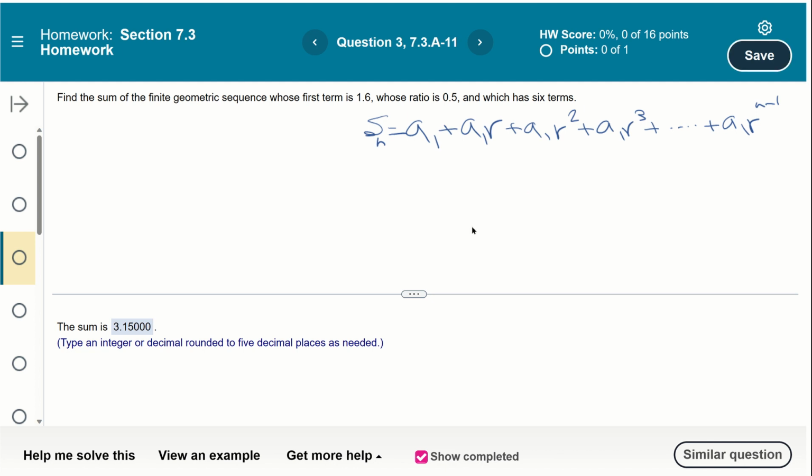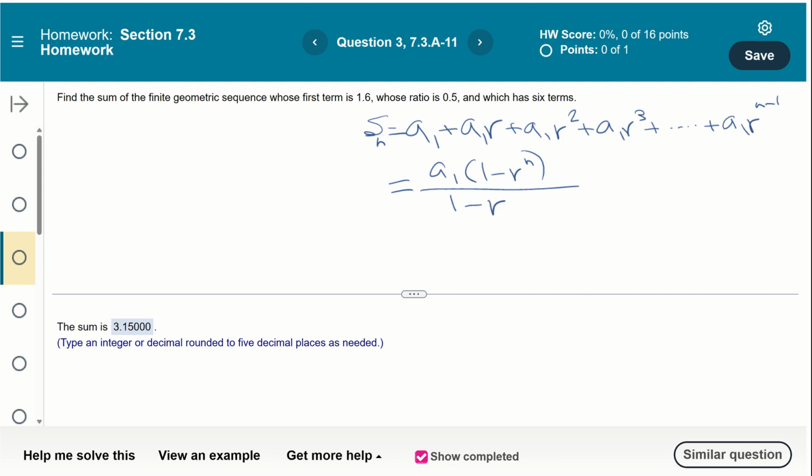If you remember from when we saw this before, this actually turns out to be a1 times 1 minus r to the n over 1 minus r.